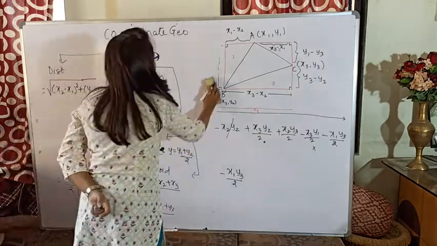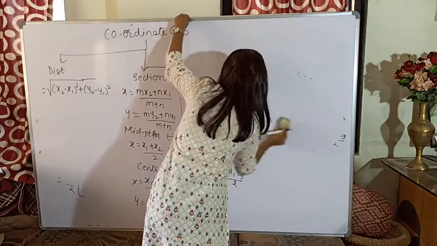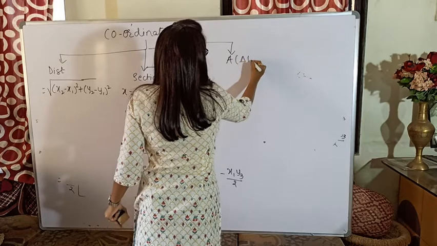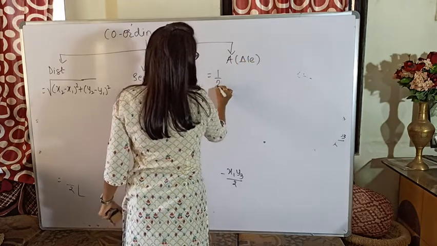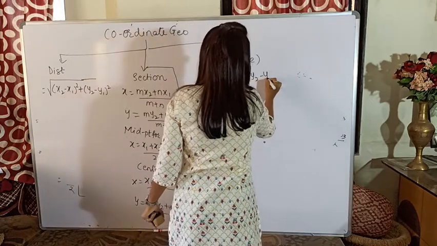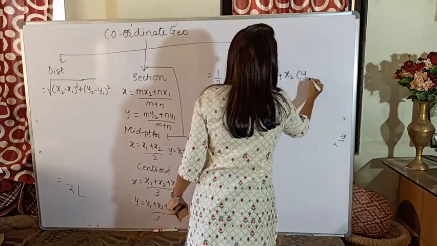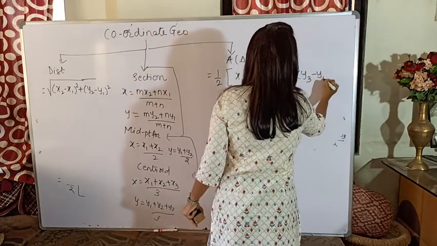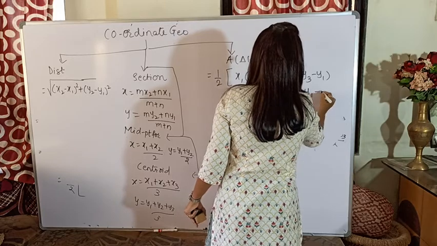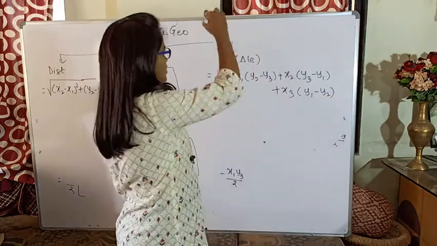And the last formula was formula for the area of triangle, which we have just now derived, and the formula was area of triangle was given as half into x1 in bracket y2 minus y3 plus x2 in bracket y3 minus y1 plus x3 in bracket y1 minus y2. Okay, so 3, 1, 2.